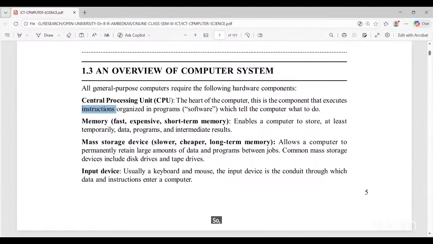So these instructions are organized in programs. Here, instruction means any kind of statement. Any doubt you have, if you ask the computer, and it understands it, it is an instruction.